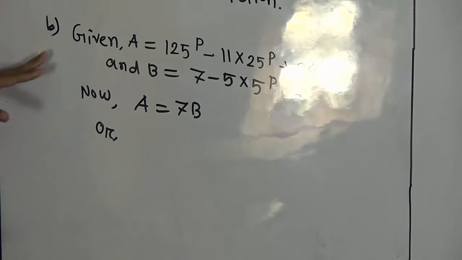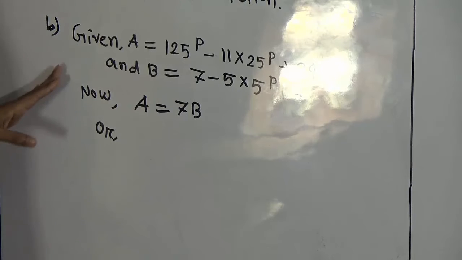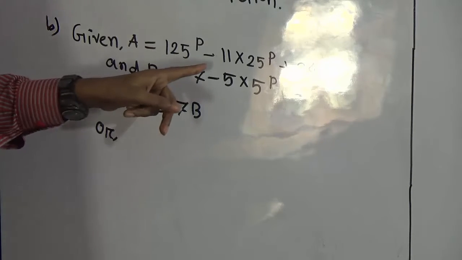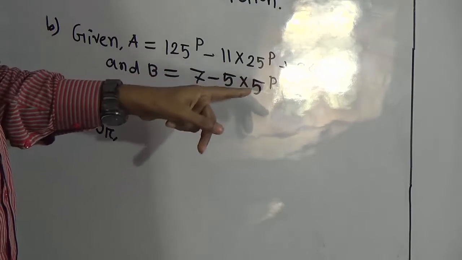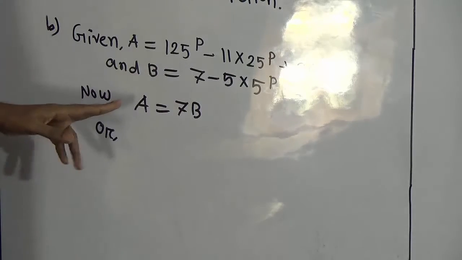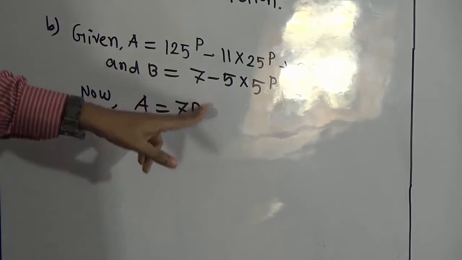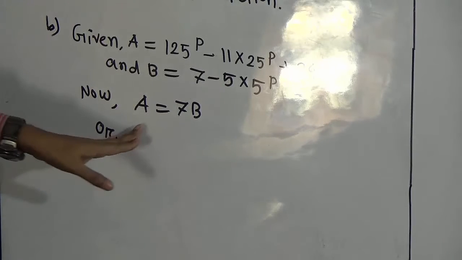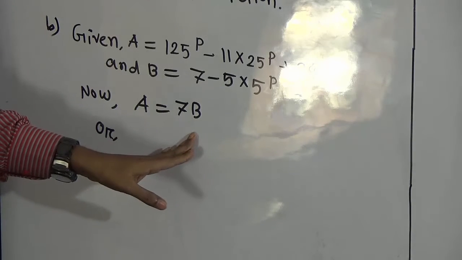Okay, now see the questions. Solution. Given A equal to 125 power P minus 11 into 25 power P plus 24 and B equal to 7 minus 5 into 5 power P. Now A equal to 7B.